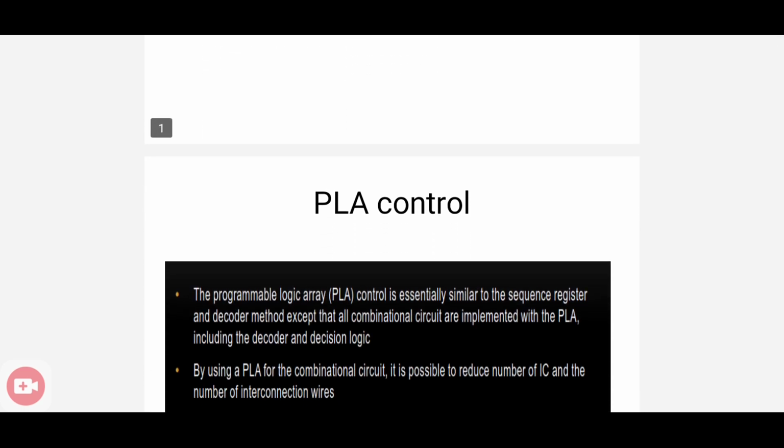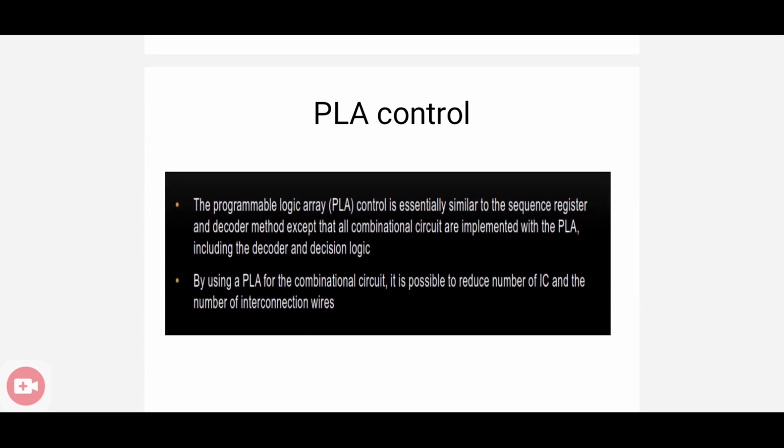So moving on to PLA control, what do you mean by a PLA control logic? The first two methods, the one flip-flop per state method and the sequence register and decoder method, are known as hardwired control units because they use SSI and MSI devices. Also a large number of wired connections is possible there.